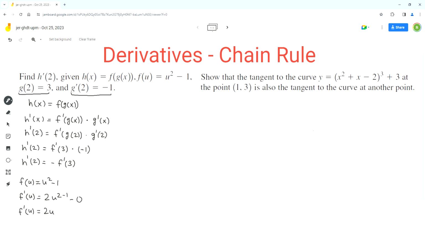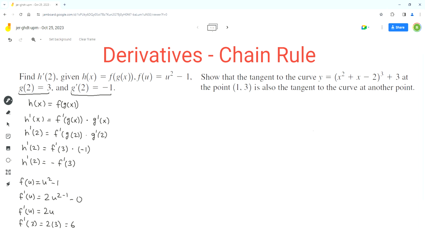Now we have to find the value of f'(3). So now we can sub in u as 3 in this derivative of function f. So we get f'(3) will be equal to 2 times 3, which is equal to 6.